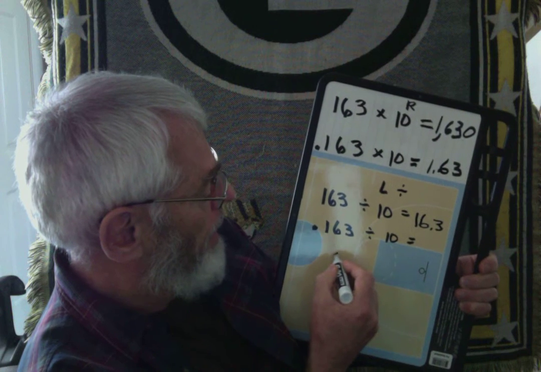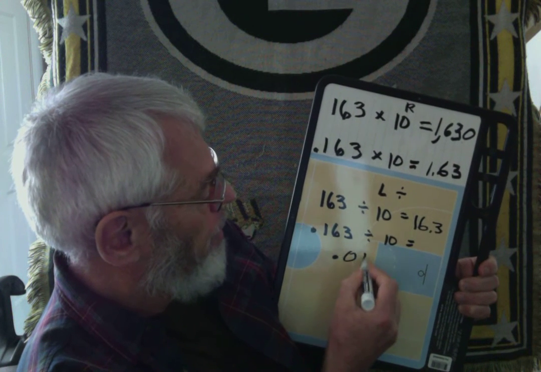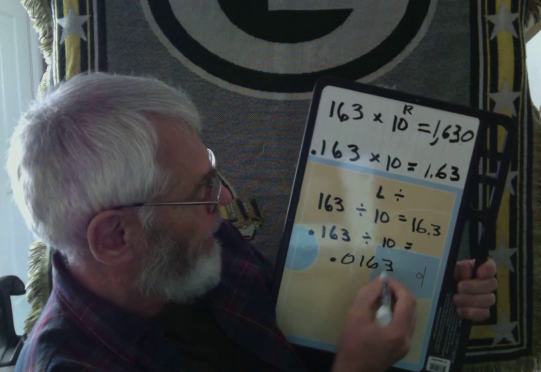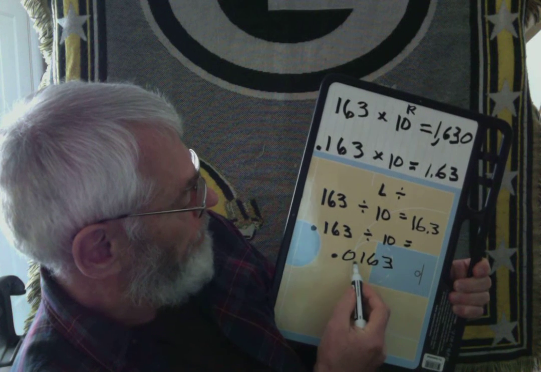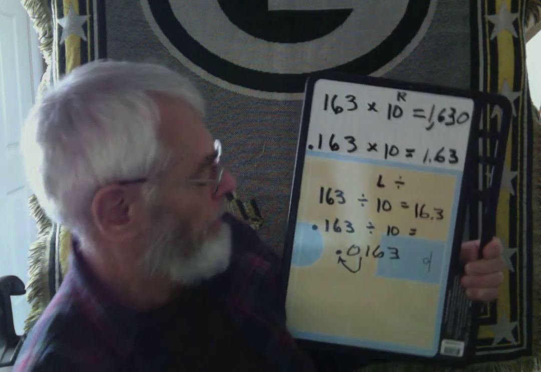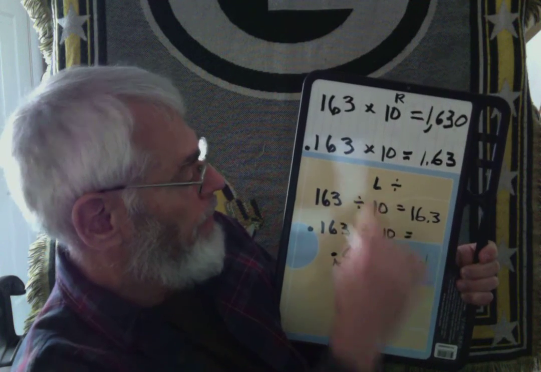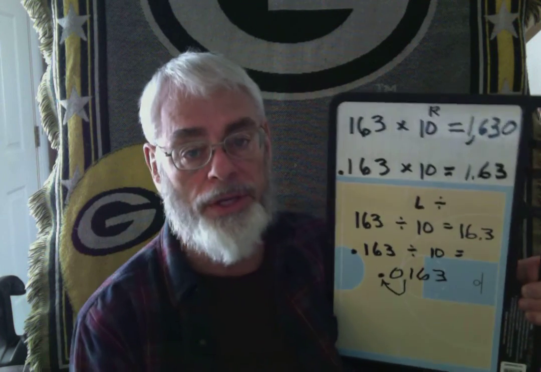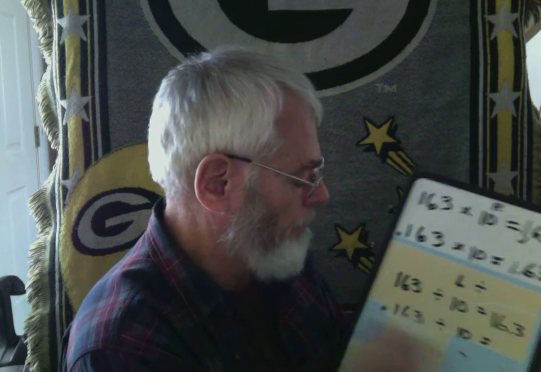So now we have 0.0163. I move the decimal point from right here over to here. So when we divide, we move the decimal point to the left when we're talking about powers of 10. All right, so that's multiplying and dividing by powers of 10. That should make life a little bit easier to be able to do that.